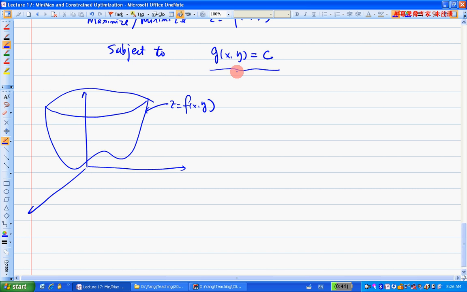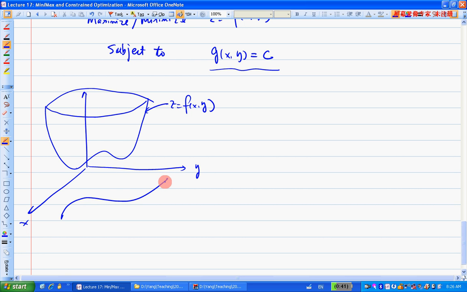If I plot g of x, y equal to c, that's a curve inside the xy plane. So you are constrained to the locations on this curve.